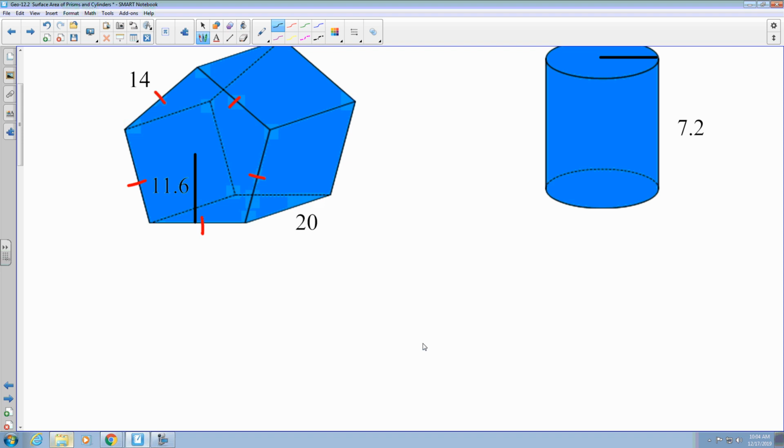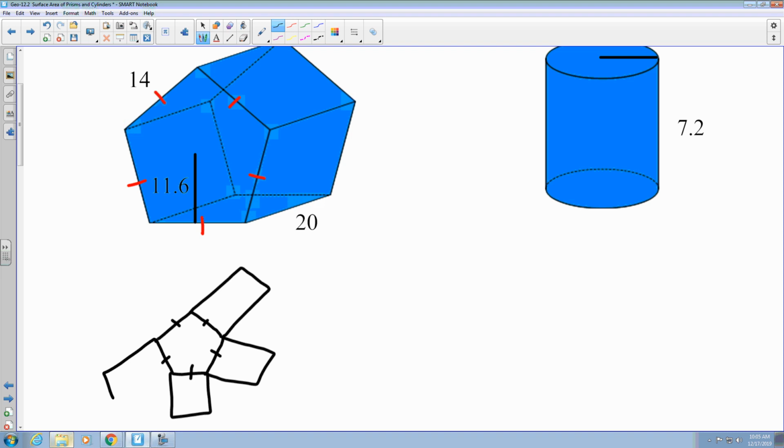So I'm going to draw my pentagon, and then go here, and my lateral faces are going to come from there, here, here, here, and here. And then finally, you're just going to draw another pentagon. So 1, 2, 3, 4, 5. I'll say this is my base and this is my base.